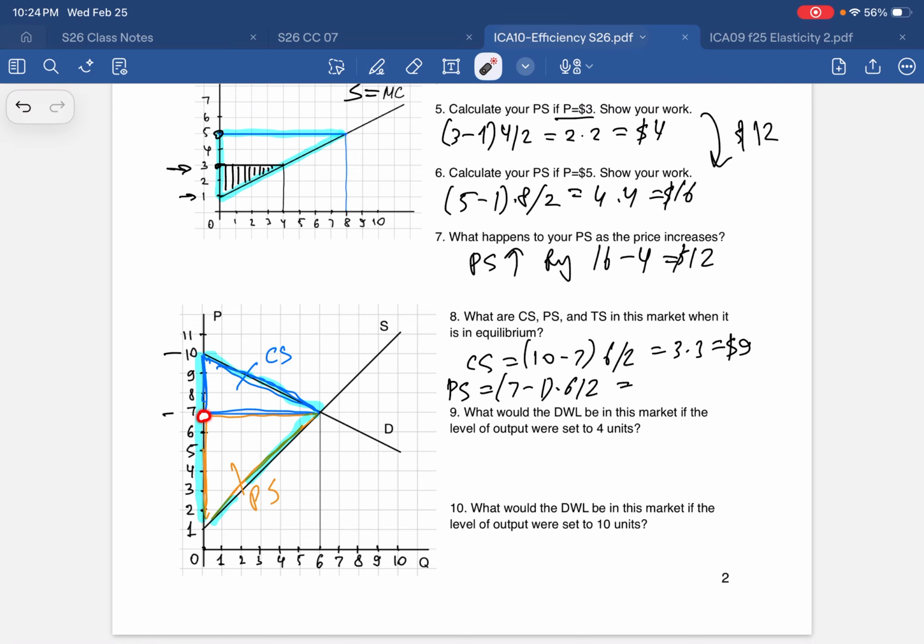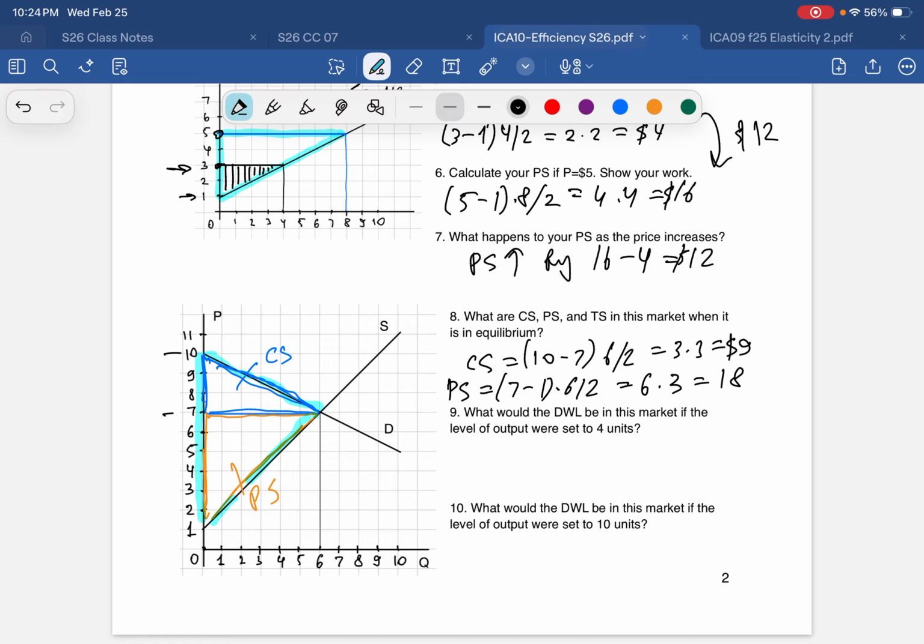Again, it's 7 minus 1. Don't forget to subtract it. Because if you forget, you will actually get the area of this triangle. Okay, so 7 minus 1 is 6 times 3, so it's 18. And of course, total surplus is just the sum of those two, and it will give us $27.